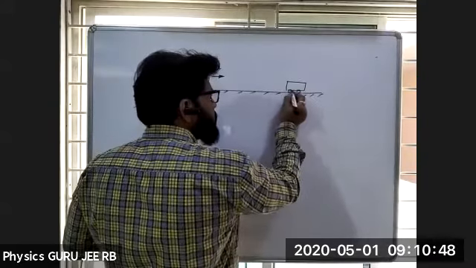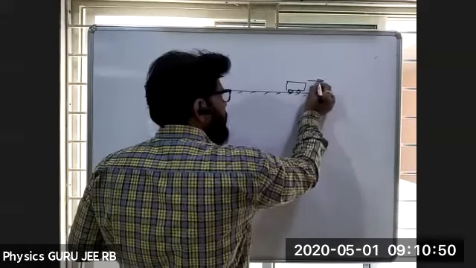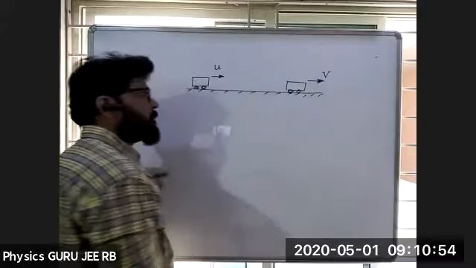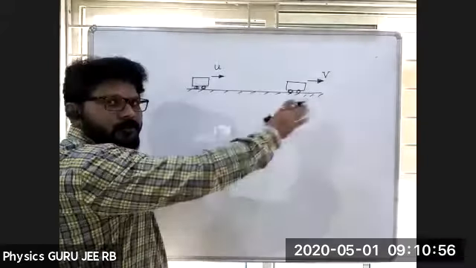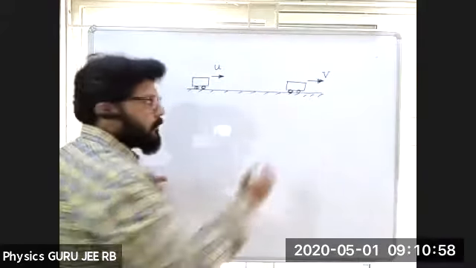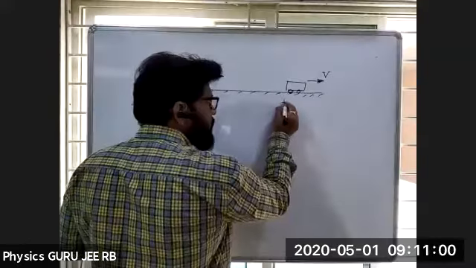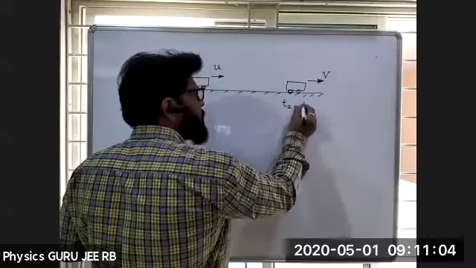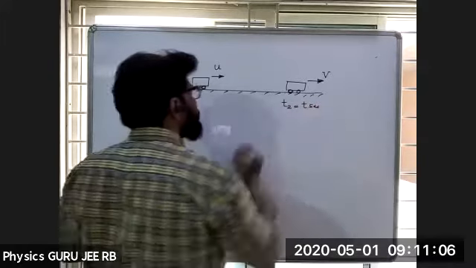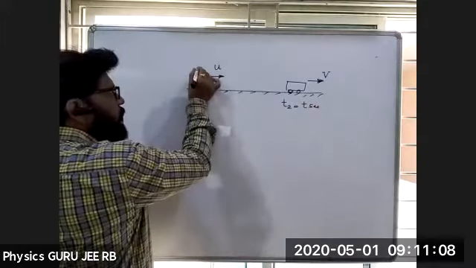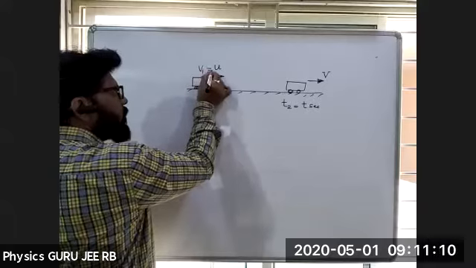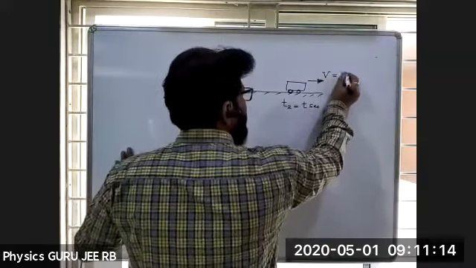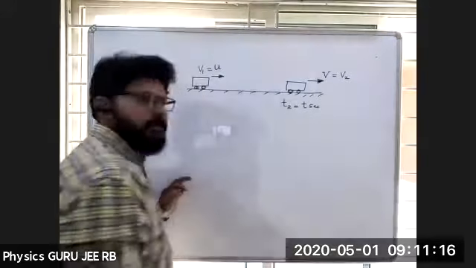So after some time, it reached a certain distance, right? Now here I'll take the final velocity as v. Initial velocity is u, final velocity is v, and after some time t2, I'll take it as t seconds.